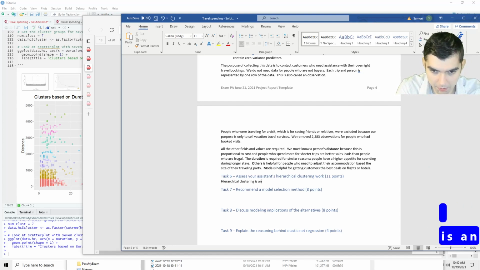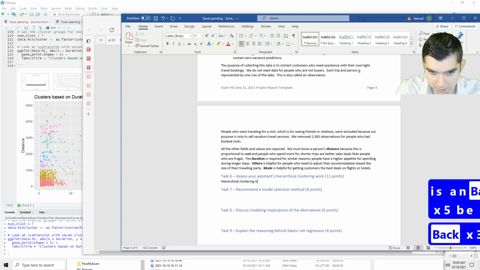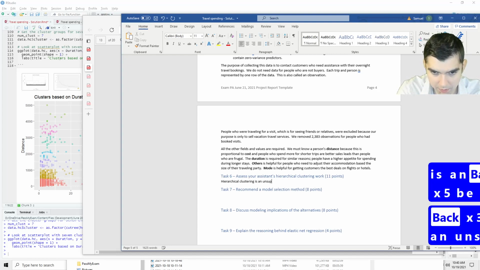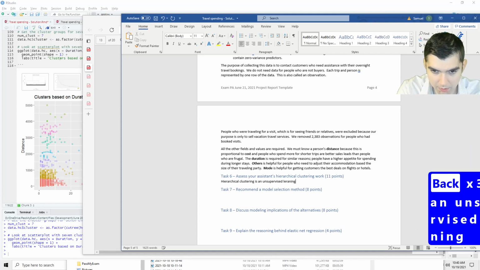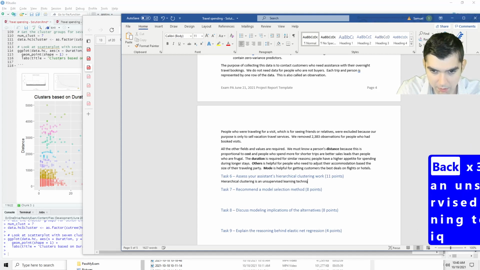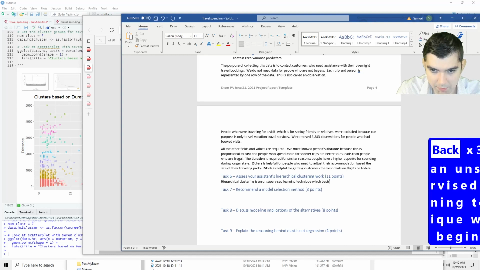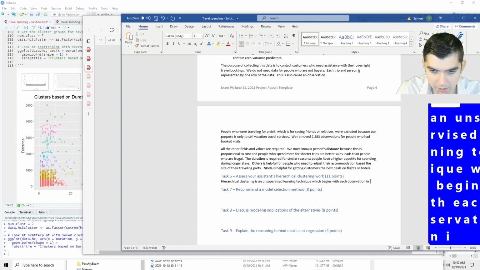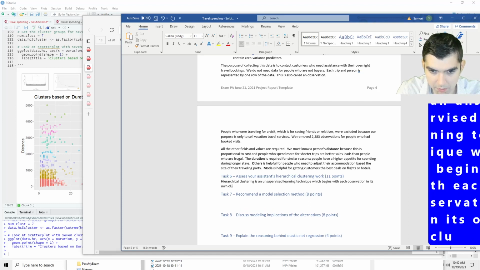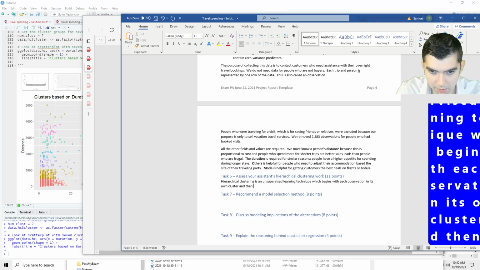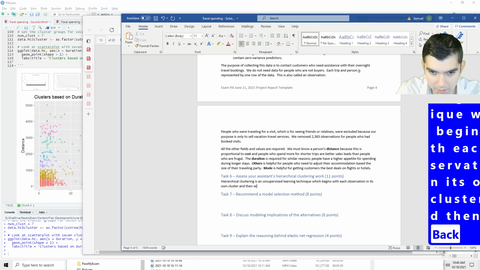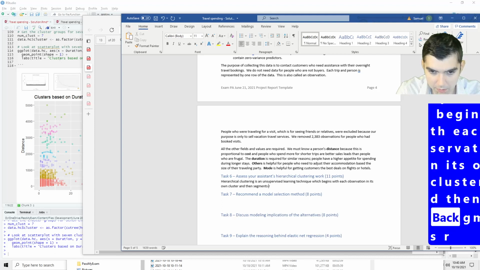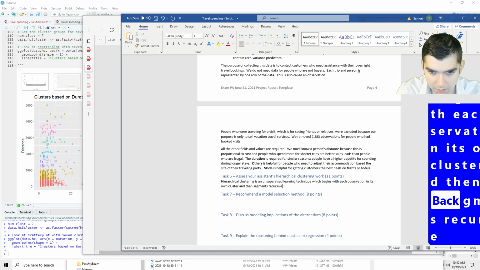Hierarchical clustering is an unsupervised learning technique which begins with each observation in its own cluster and then segments recursively into subclusters.